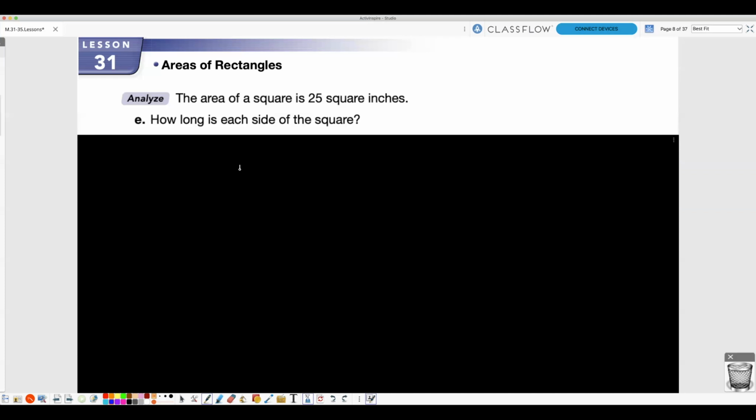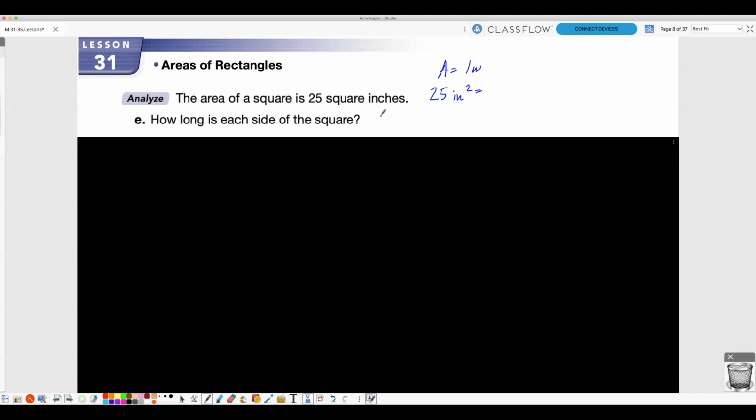Letter E, what's the length of each side of a square if the square has 25 square inches as the area? So if the area equals length times width, and in this case it's 25 inches squared, what would be the length of each one of the sides of a square?